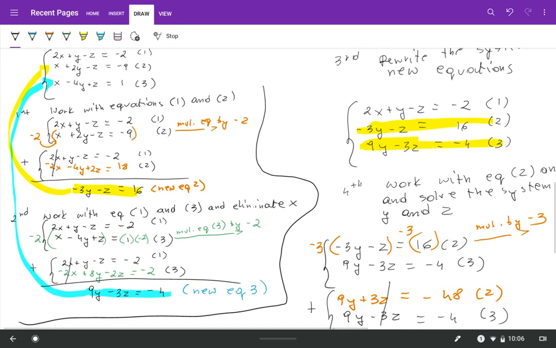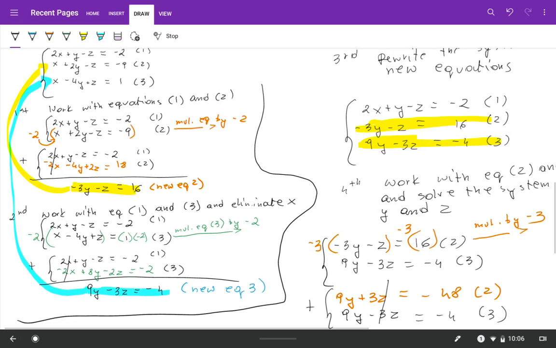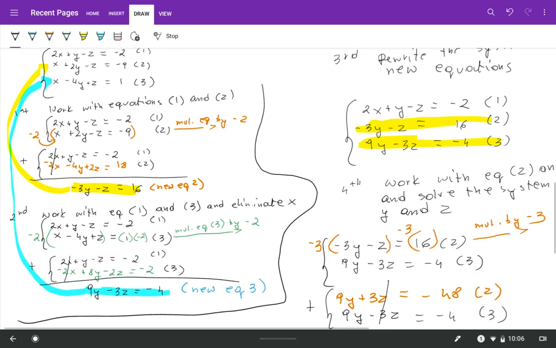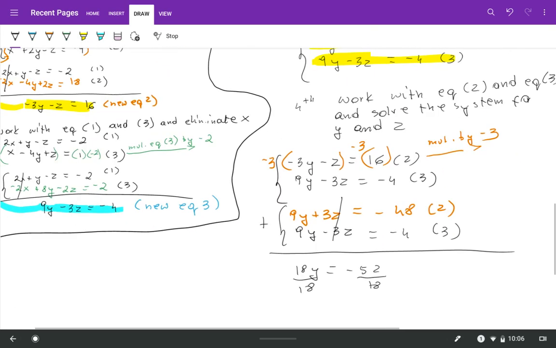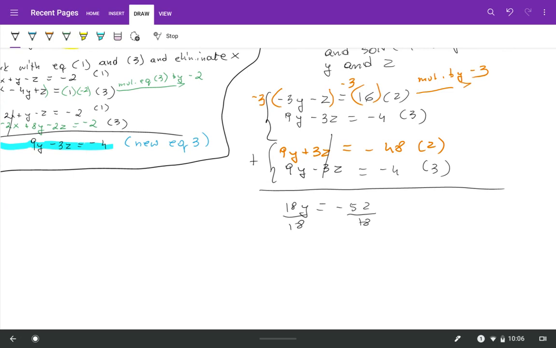Okay, this one, it's good. Okay, so we're getting here that y is equal negative 52 over 18. We can reduce that.